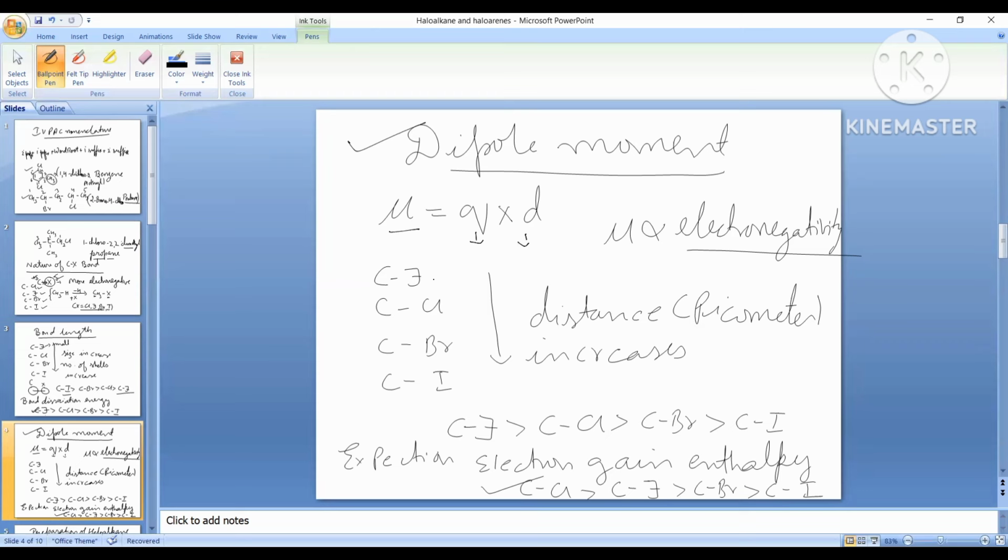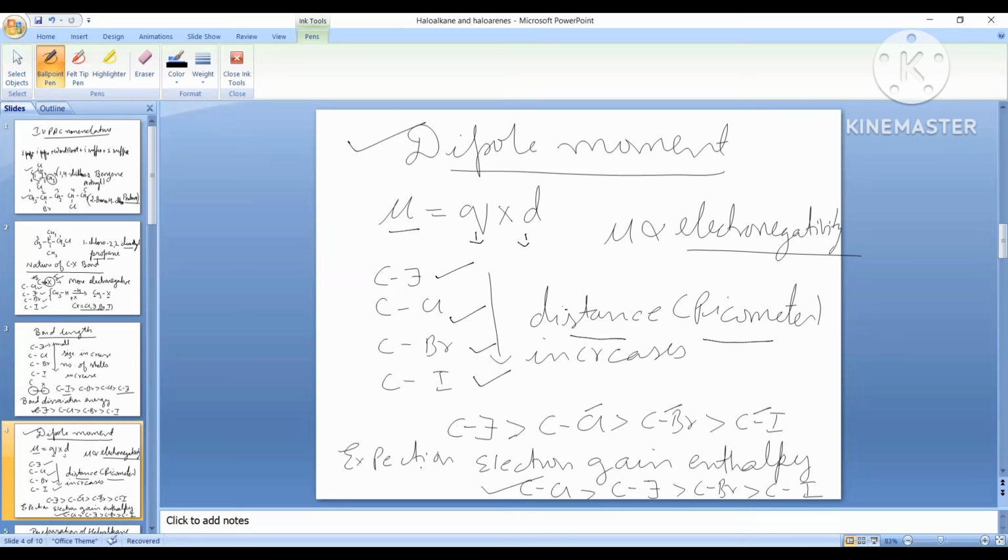The highest electronegativity is in fluorine, then chlorine, then bromine, then iodine. We are taking the electronegativity concept because distance is taken in picometers, so we can neglect it because it is a small factor. So first fluorine, then chlorine, then bromine, then iodine.